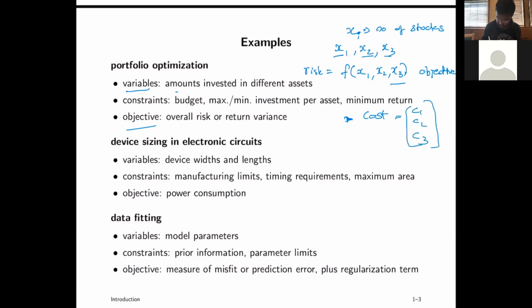This means C1 is the cost for one stock of the first company, C2 is the price for the second stock, and C3 is the price for the third stock. Now one of the possible constraints could be this: C transpose X is less than, let's say, 1000 and okay.